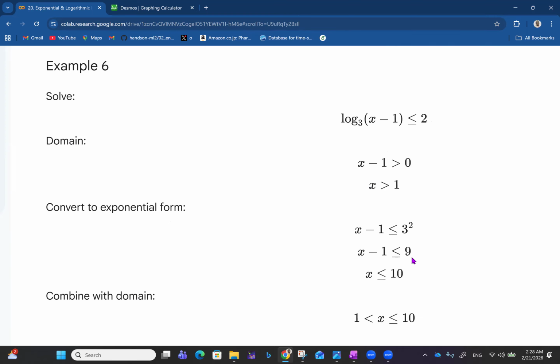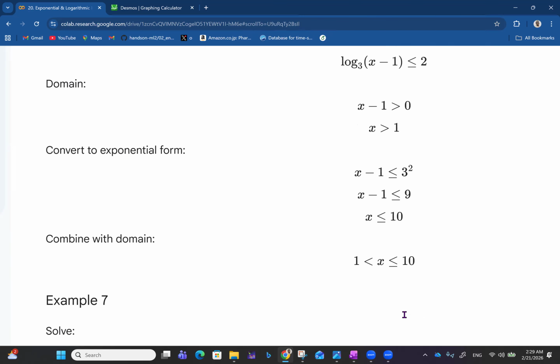That means x minus 1 is less than or equal to 9. That means x is less than or equal to 9 plus 1, which is 10. So in this case, we already have the domain that x must be greater than 1. So we have 1 is less than x because that is compulsory. You cannot go below this. So you have 1 is less than x less than or equal to 10.